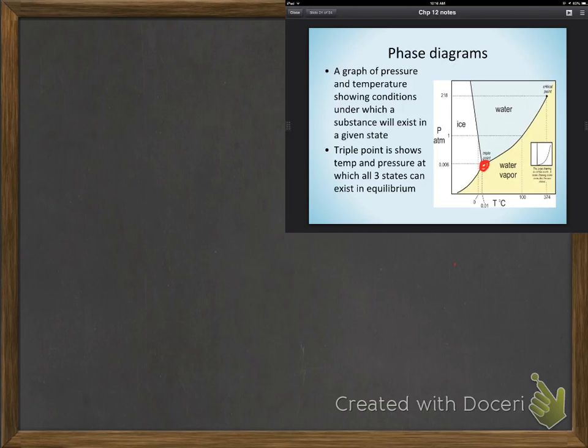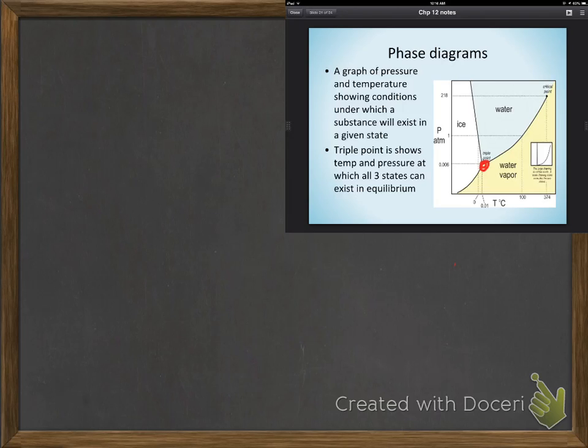So you could have a closed vessel with water vapor and ice in it, and at the conditions specified by the triple point, you can have water molecules leaving liquid phase becoming solid, water molecules leaving solid phase becoming liquid, and exchange occurring between gas and liquid as well. All three of them going on at equilibrium.